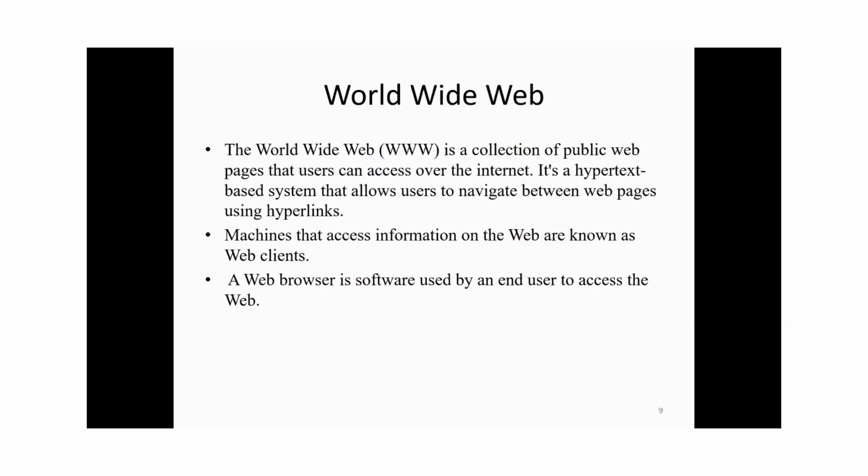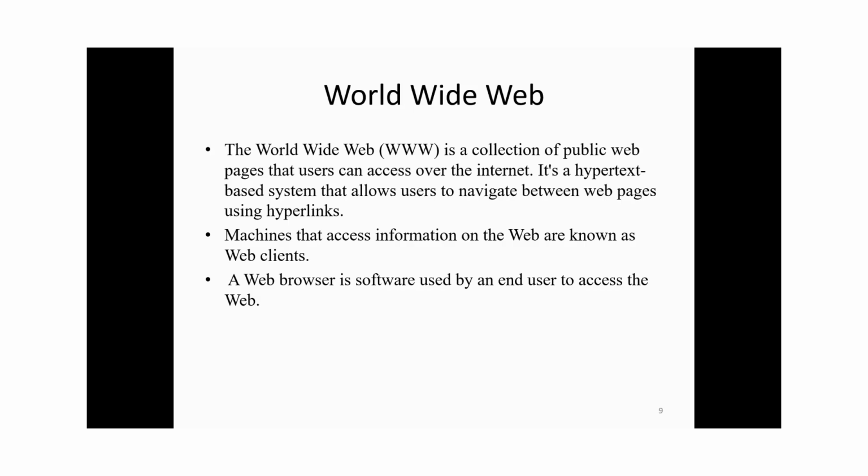Next is World Wide Web, shortly called WWW. It is a collection of web pages that the user can access over the internet. A machine that accesses information on the web is known as a web client.